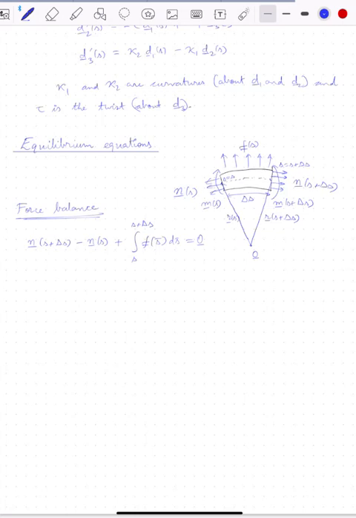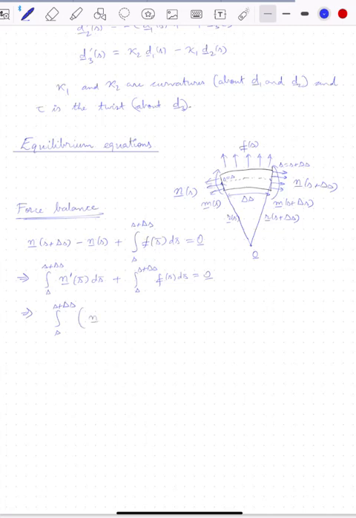Now this follows from the fundamental theorem of calculus, and it can be written as the integral from S to S plus delta S of n prime of S bar, plus the integral of f vector S bar dS bar, is equal to 0.